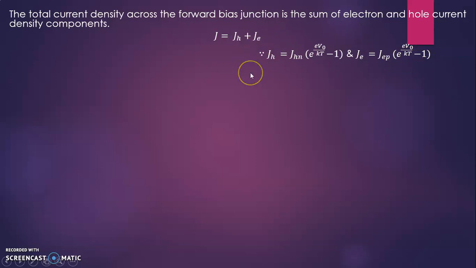So this equation becomes J is equal to (J_hn plus J_ep) into the bracket. See here, these terms add, because the bracket (e^(eV0/kT) minus 1) is common in both equations of current density of hole and current density of electron.